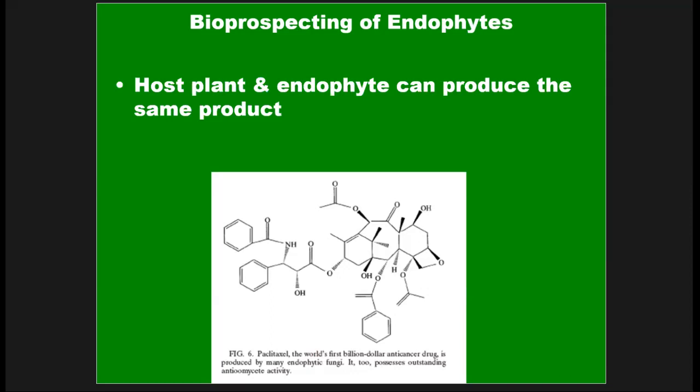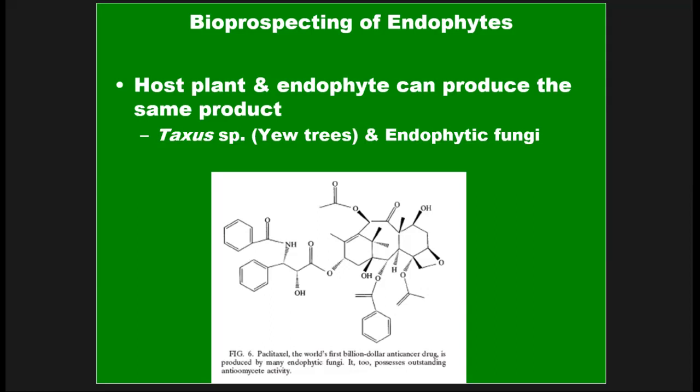And what they're finding is that the host plant and the endophyte sometimes produce the exact same chemical. And so this chemical that's being shown here, Taxol, is a classic example of that situation, where there are yew trees that were first discovered.